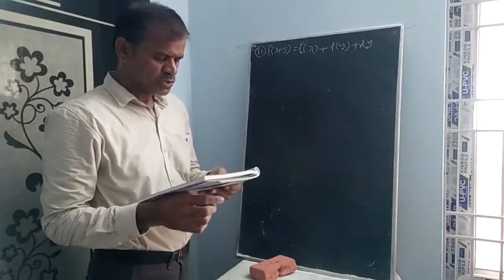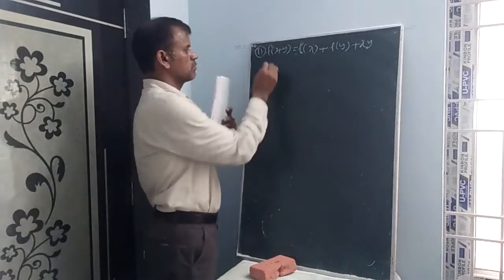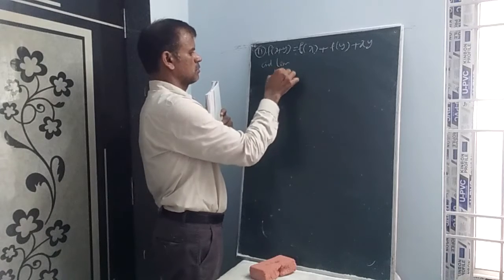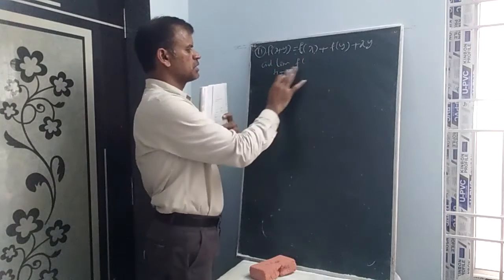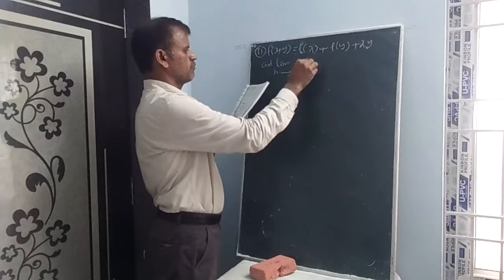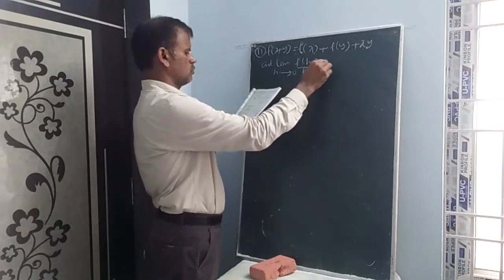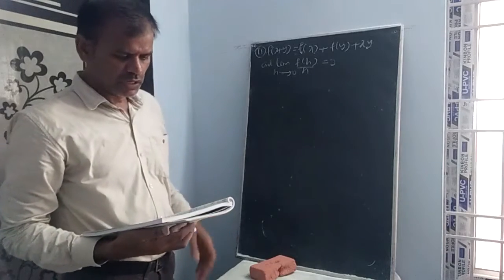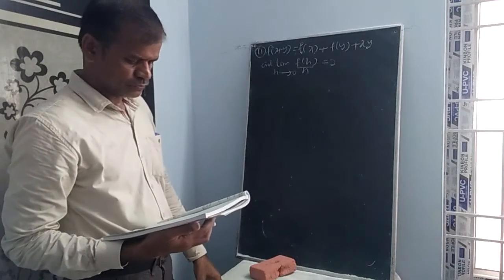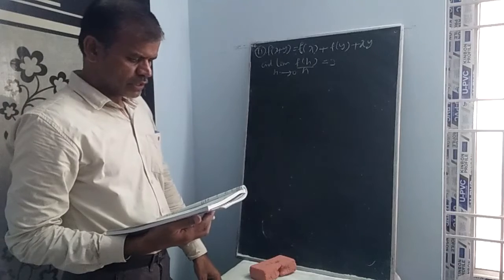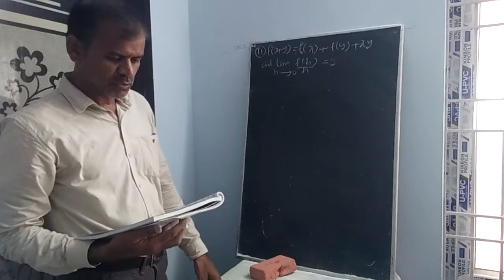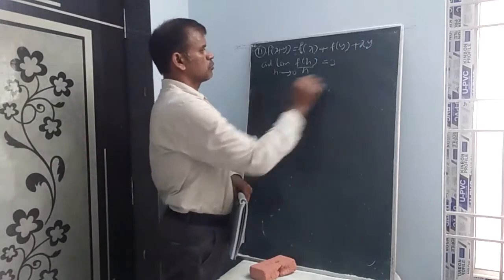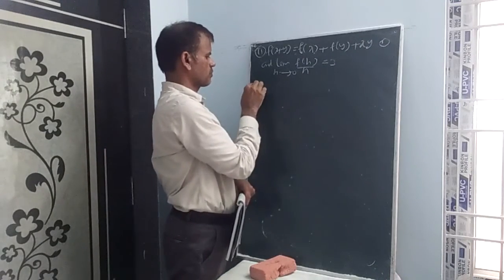And limit h tends to 0, f of h whole by h equal to 3. Then what is the value? Now, what he is asking: suppose that f is a differentiable function, he gave the condition. Let this be the first equation.